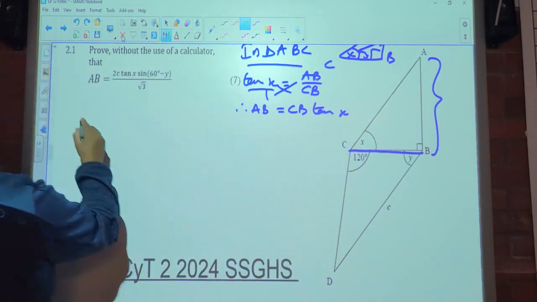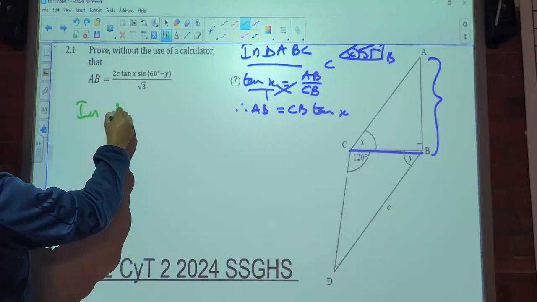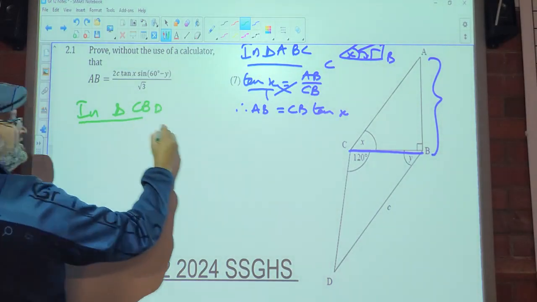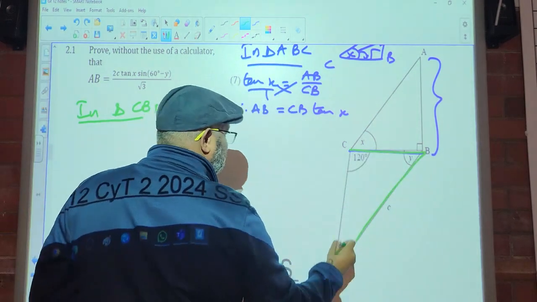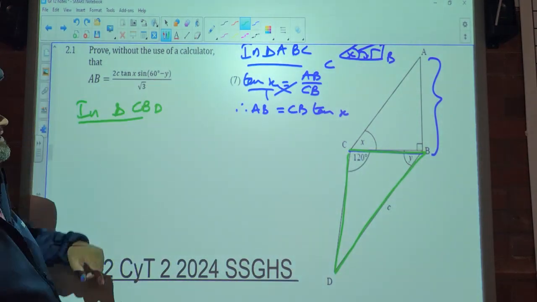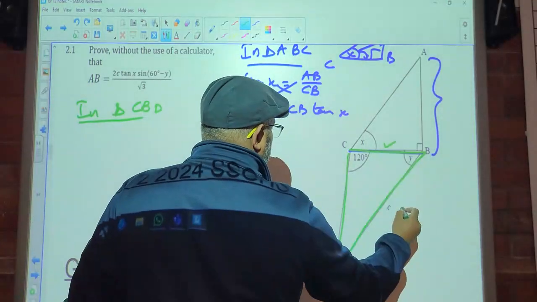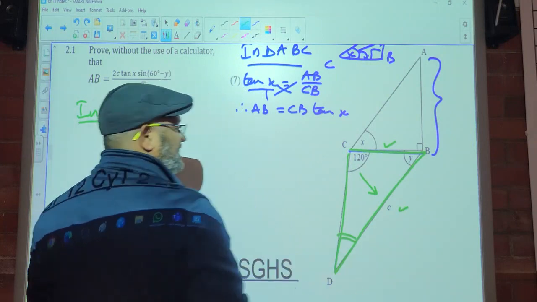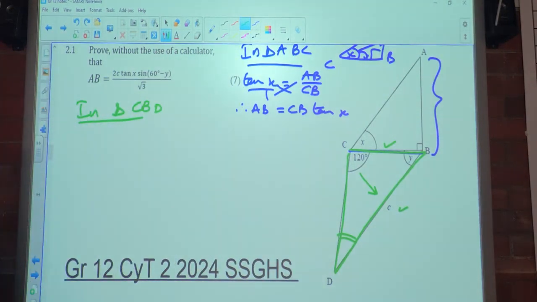Now in triangle CBD, in this triangle here, as you can see, it's 60 minus y. We need to pick this one up and that one up. That's the opposite. So in other words, we need to calculate angle D to use the sine rule.